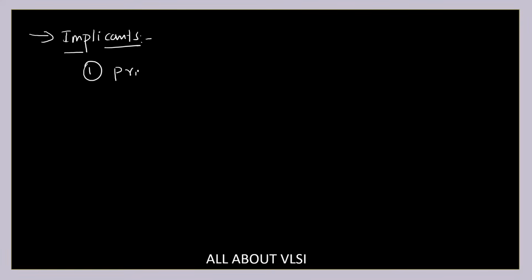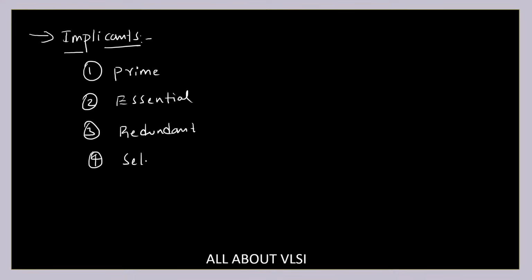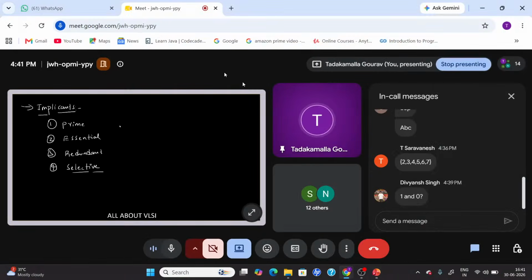One is prime implicant, and second one is essential prime implicant, followed by redundant prime implicant. And followed by that, I'm going to have selective prime implicant. So these are the different kinds of implicants I'm going to have in my KMAP. Okay. So first one is prime implicant, essential prime implicant, redundant prime implicant, and selective prime implicant.